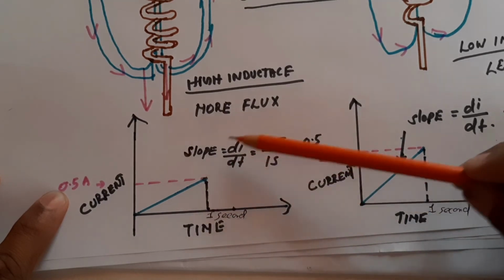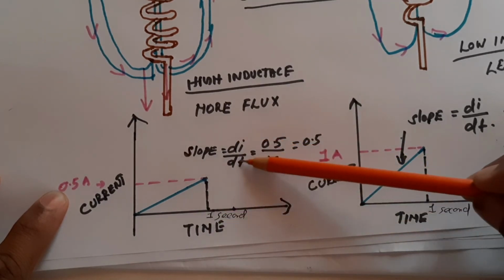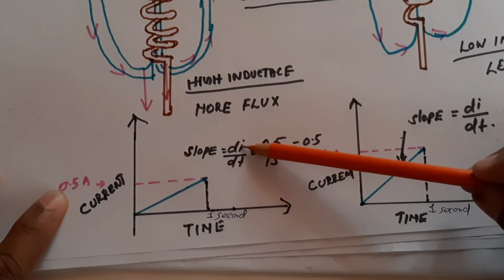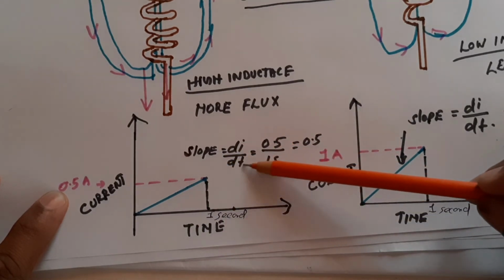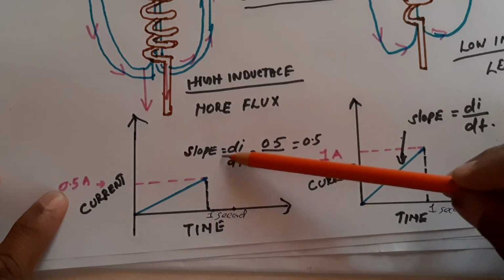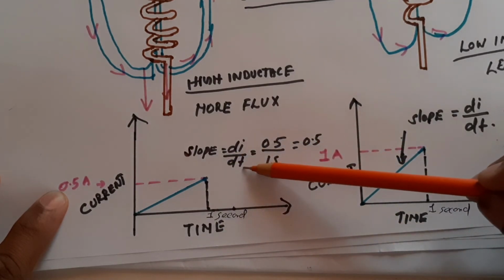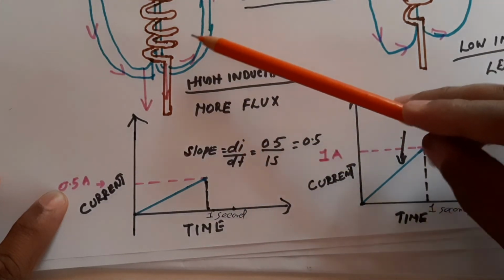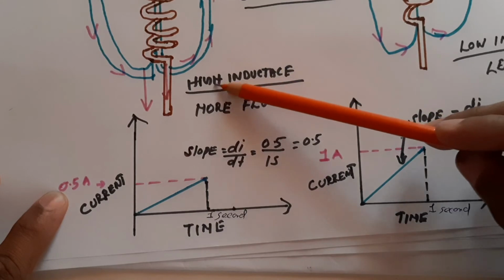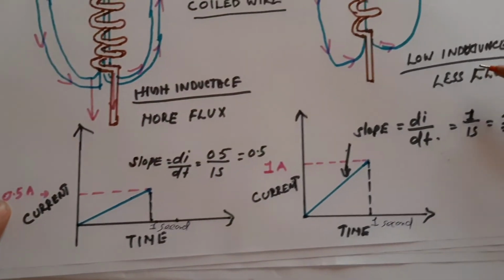It is 0.5 ampere, from 0 to 0.5 ampere. This is di by dt, the slope. The change in a particular time is 0.5, therefore the slope is 0.5. That is the high inductance case.